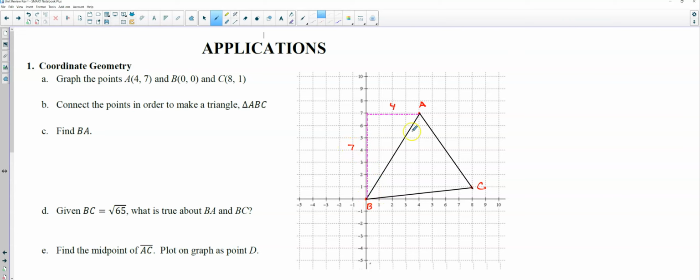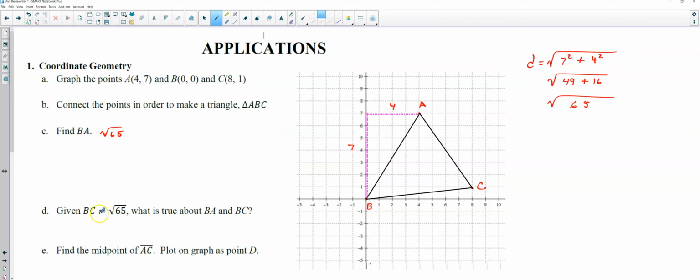So now I know that this distance is the square root of 7 squared plus 4 squared, which is 49 plus 16, which is 65. That's the square root of 65. So BA is the square root of 65.